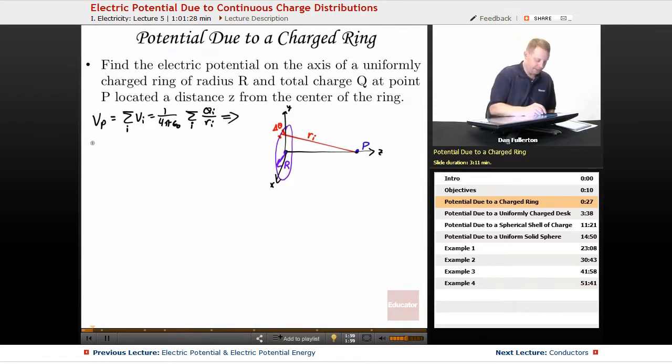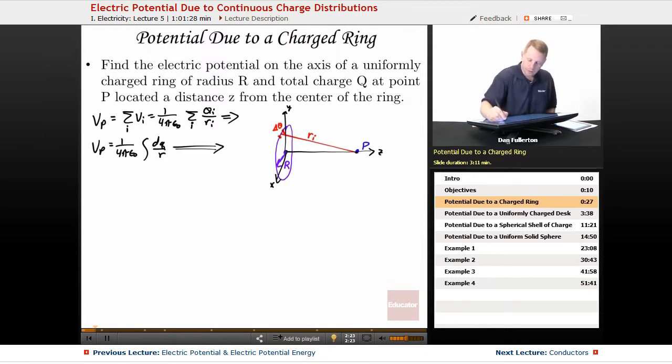Which implies then that the potential at point P is going to be 1 over 4 pi epsilon naught, and as we make all of these little pieces smaller and smaller and add them up, we can integrate. Charge is going to be that little bit of charge, dq, divided by r. But in this case, our r as we go around this circle is going to be the same. It's constant everywhere. Ri is equal to r.